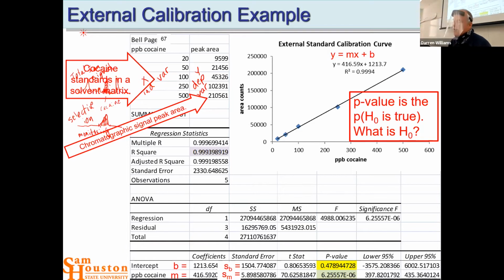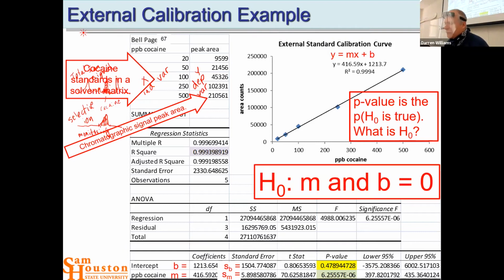There's one chance in a million that that particular value of M is just due to the random variation of our data. And so essentially, the simplest way to write that null hypothesis is that M and B are equal to 0, and that the numbers we're getting are just from random variation. So we have that high p-value. So what we'll do is redo that regression analysis and set the intercept to 0. Since it's not statistically defensible, we just need to set it to 0 and only model M.